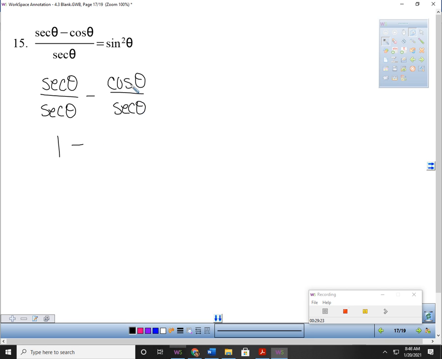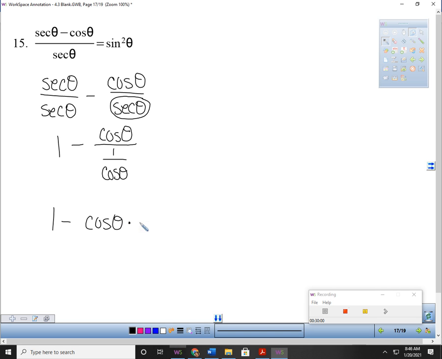Now, I can't divide cosine and secant, but I do know that secant can be rewritten with a cosine, right? So how can I rewrite secant using cosine? It's 1 over cosine. All right? Now, we don't keep fractions inside of a fraction, right? So I'll keep the cosine that's on top, but then you have to flip the bottom, right?